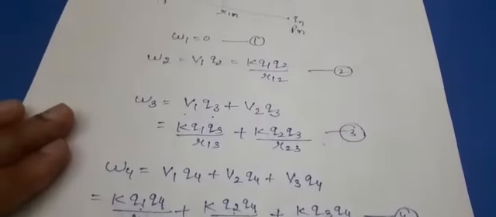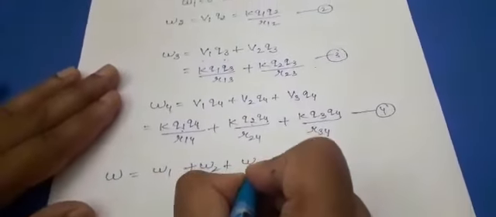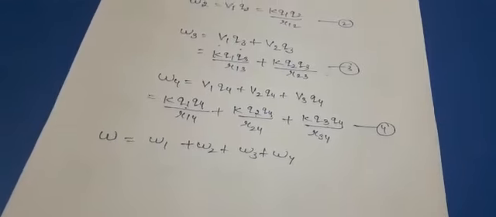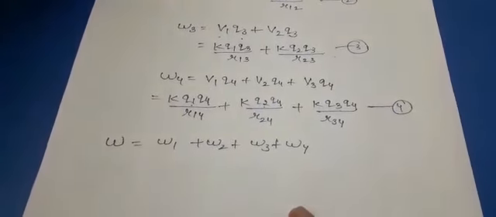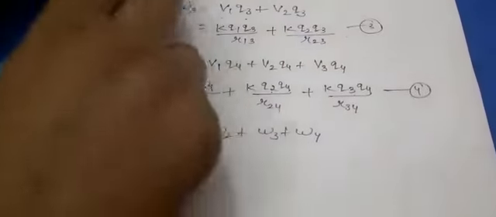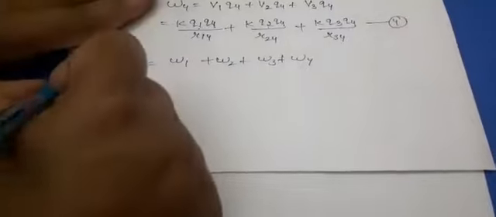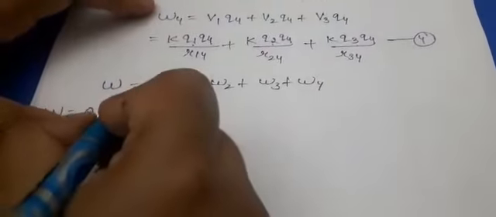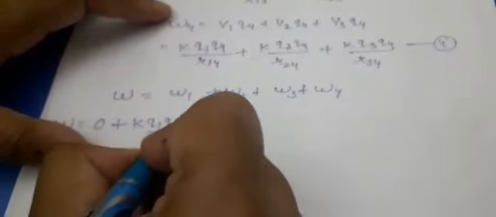So if we take the total work done, this will be W1, W2, W3 and W4. Then we have to add all these values. Now be careful while writing, because we have to add all these values, 1, 2, 3, 4. So let me put the values. Work done will be 0 plus W2, which is K Q1 Q2 by R12.